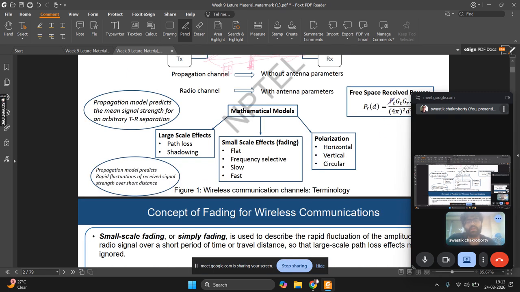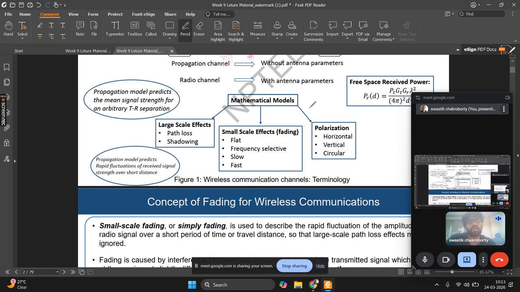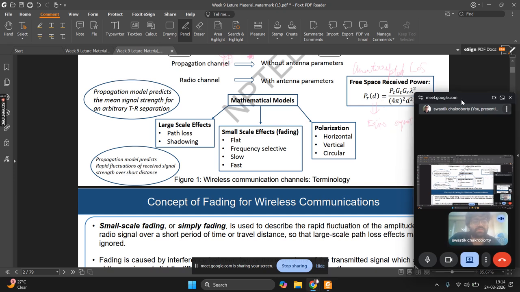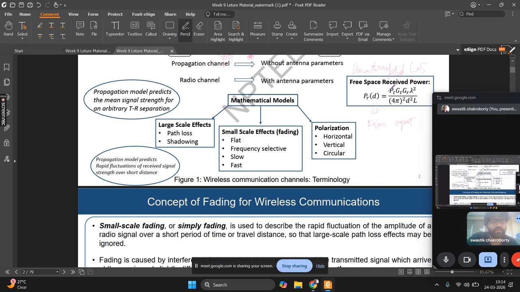If the beams are traveling in free space and there is no blockage, uninterrupted LOS, then the power received at the receiver antenna is given by the Friis equation. The Friis equation gives that your received power will depend proportionally on your transmit power.